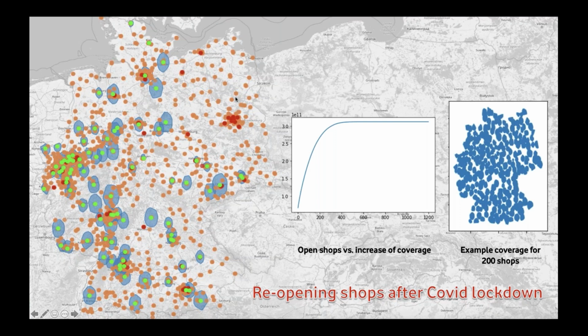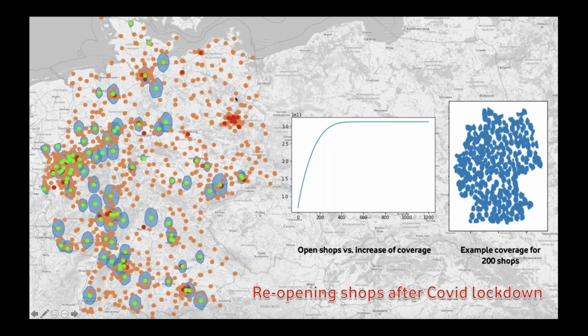It's also a nice thing about using an integer linear program. It's easy to formulate that some things must be part of the solution. Then, for illustration reasons, some green shops are selected. They show that per shop we have information on what its catchment area is, so what is the part of the country from which people are actually going to that shop to buy their contract or their equipment.